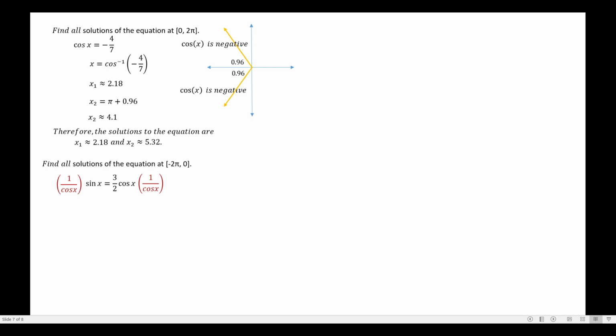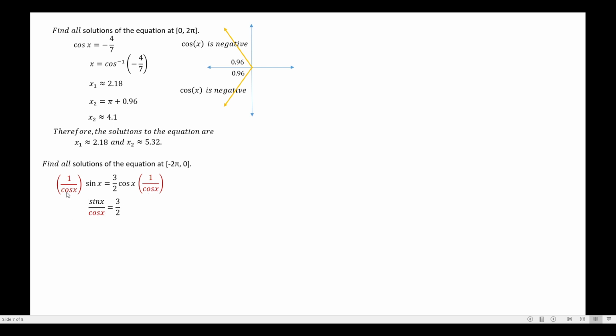If I multiply 1 over cosine x on both sides, I will have sine x over cosine x equals 3 halves. The purpose of multiplying 1 over cosine x is to eliminate the cosine x at the right side, because when you multiply cosine x by 1 over cosine x, it cancels, giving cosine x over cosine x, which becomes 1.